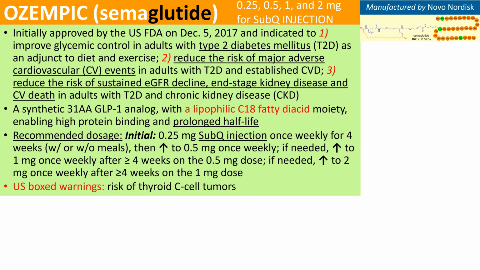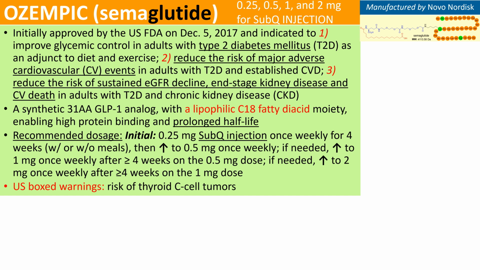Semaglutide, brand name Ozempic. This medication was initially approved by the US FDA on December 5, 2017, and indicated to improve glycemic control in adults with type 2 diabetes mellitus as an adjunct to diet and exercise. In 2020, the US FDA also approved another indication for Ozempic to reduce the risk of major adverse cardiovascular events in adults with type 2 diabetes and established cardiovascular disease.